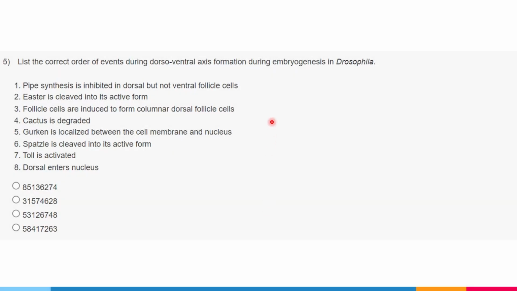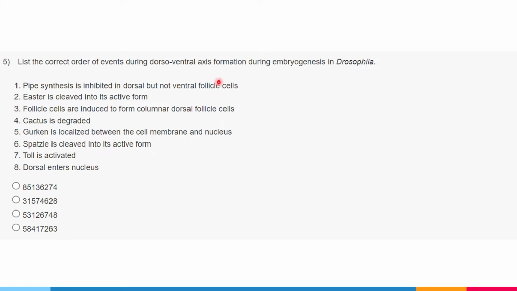This particular question is a large one, and it follows the various events which occur during dorsoventral axis development in Drosophila. We are given 8 separate events, and we have to align them so that they occur chronologically.